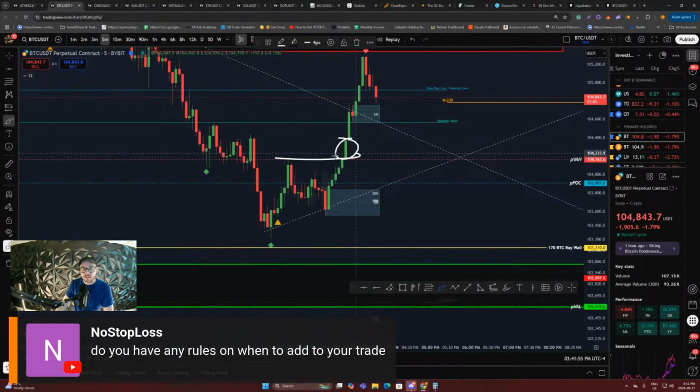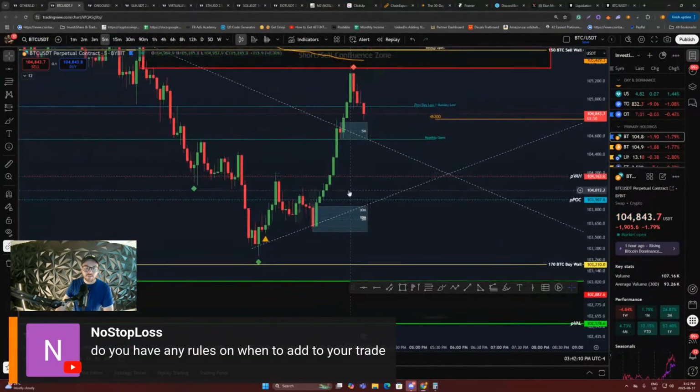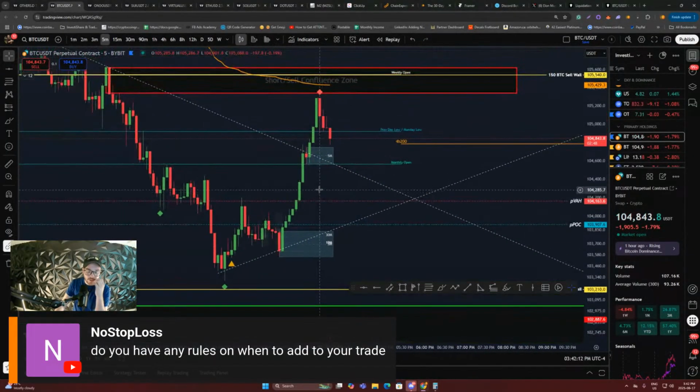So I only put in a partial position of like 0.5%. Then we pull back to the golden pocket, and at that point I might add to the existing position to get a better average. But you've got to plan for it so you keep your risk consistent, because if you add to your positions, you typically want to be in profit so you can move your stop loss into the profit zone, so you're not risking any more of your funds and you're not hurting your average too much.